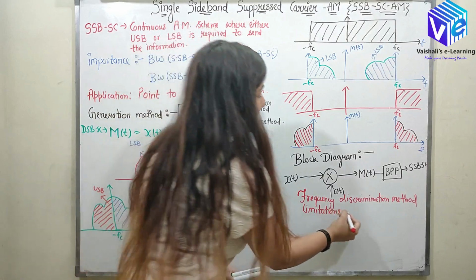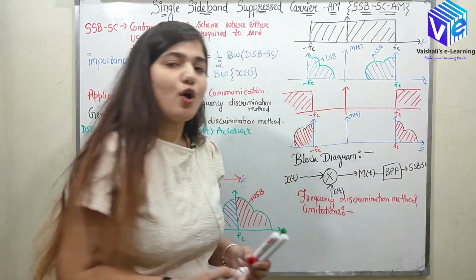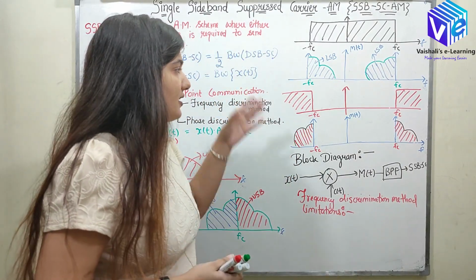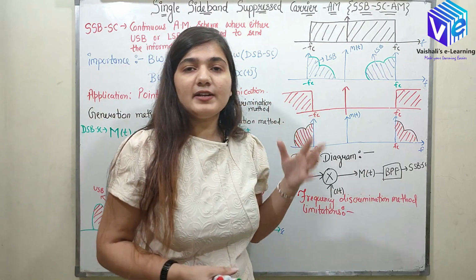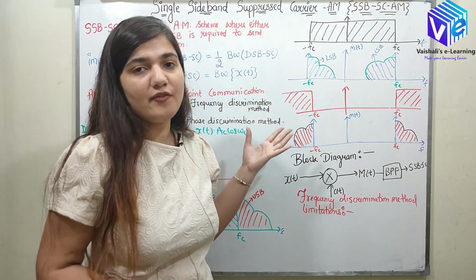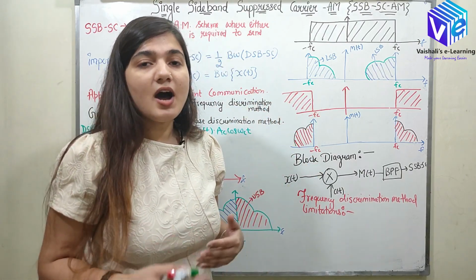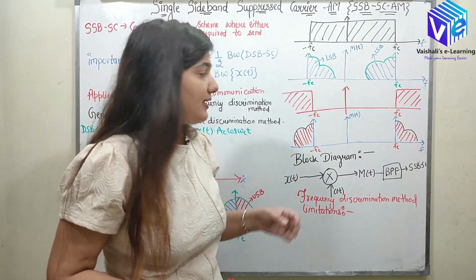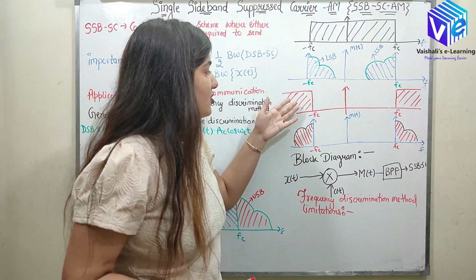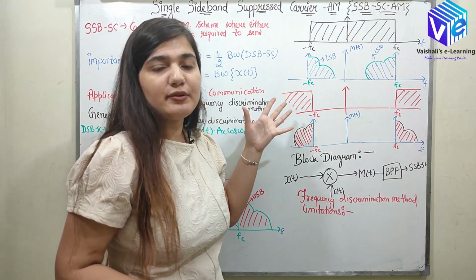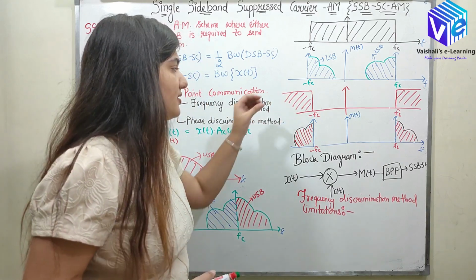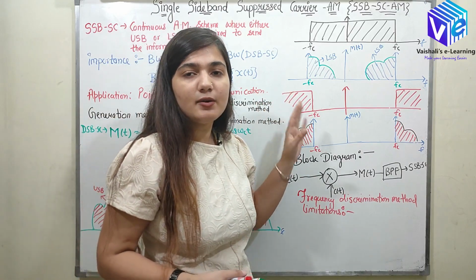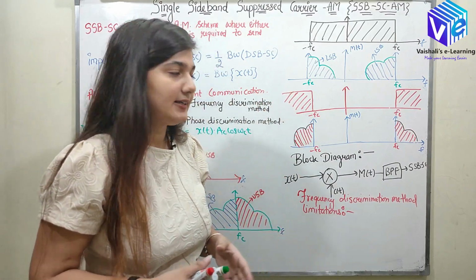So now I'll be discussing the limitations of this method, because I use the band pass filter with sharp cutoff frequency, which is not possible to generate practically, and we never have this sharp kind of cutoff frequency practically. So this is a very ideal kind of filter which is not available practically.